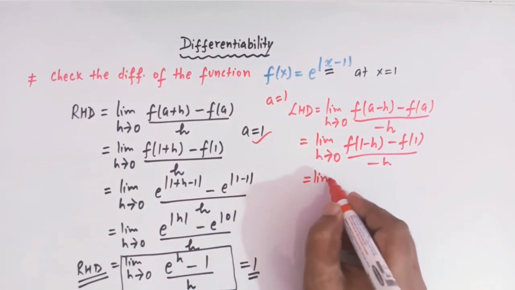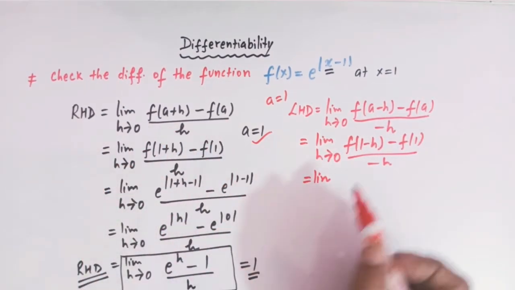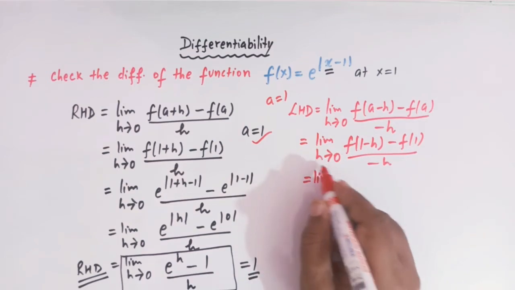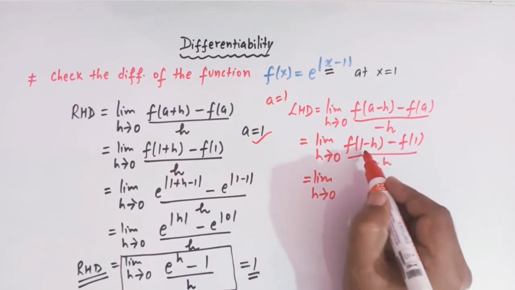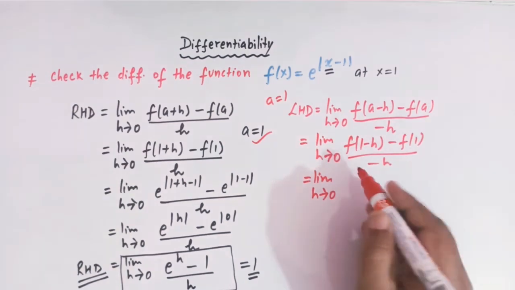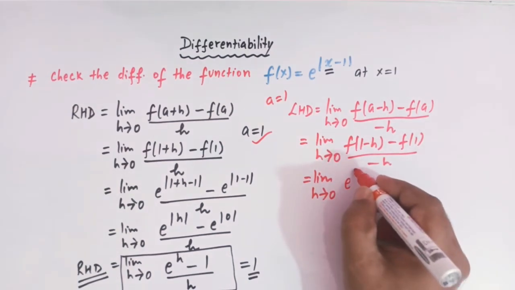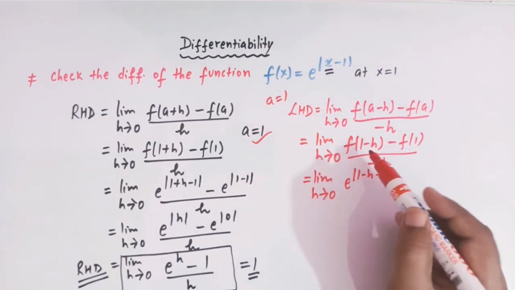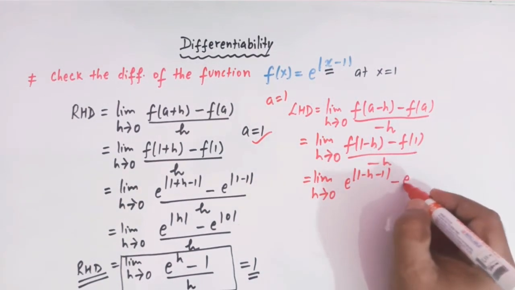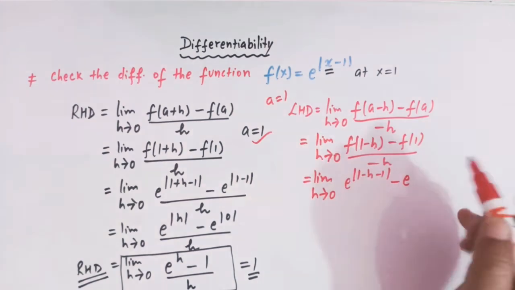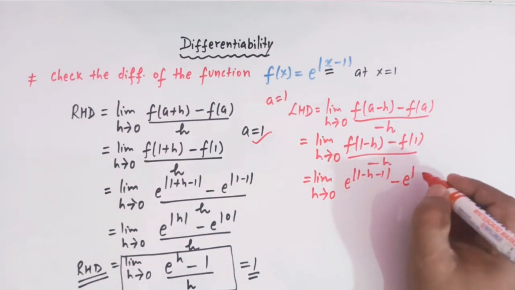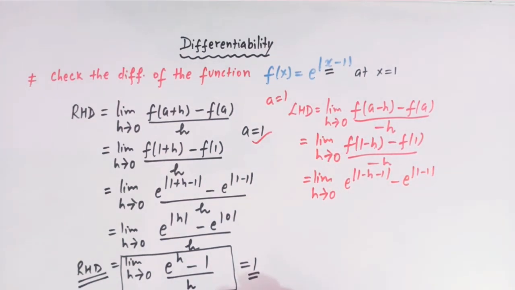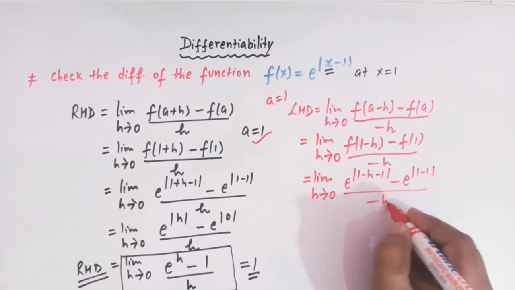And now, as we have done in this case, we can find out the value of f of 1 minus h. So we can write e raised to mod of 1 minus h minus 1. For x we can write 1 minus h, and for f of 1 we can write e raised to mod of 1 minus 1, right? And divided by minus h.